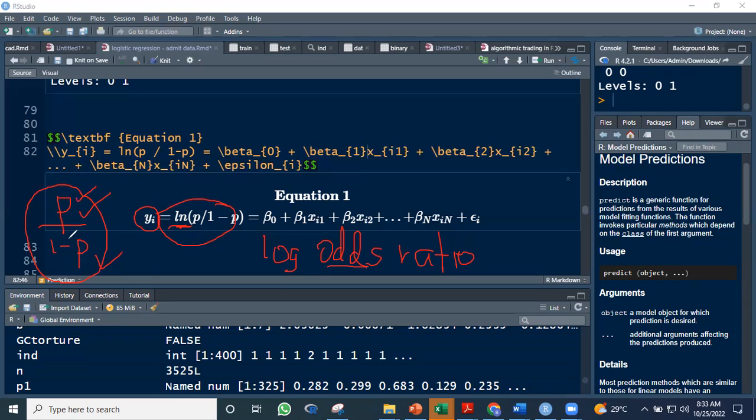Yes and a no. Okay, let me pause for a while and ask for your comments on whether the equation of our binomial logistic regression is clear so far. Please chat if we are clear so far.